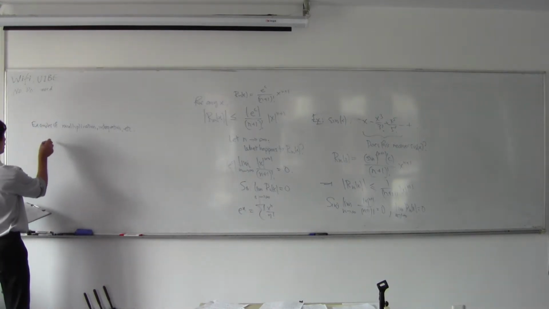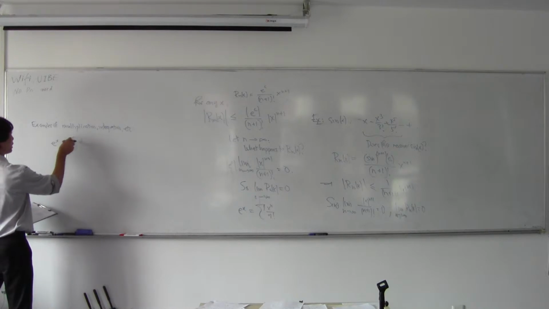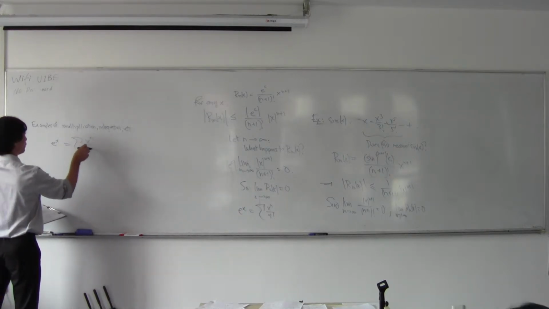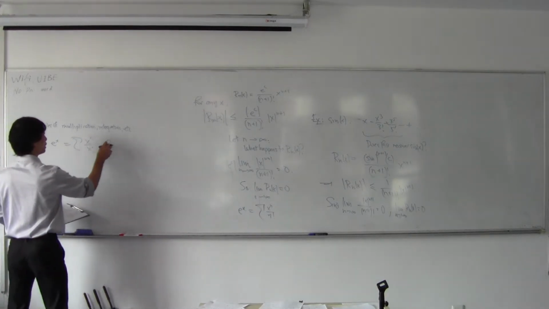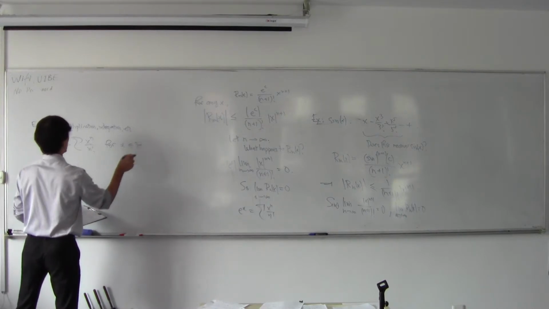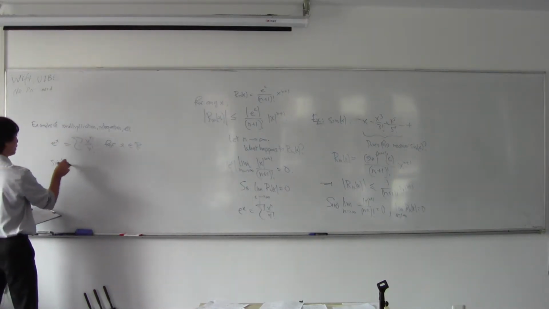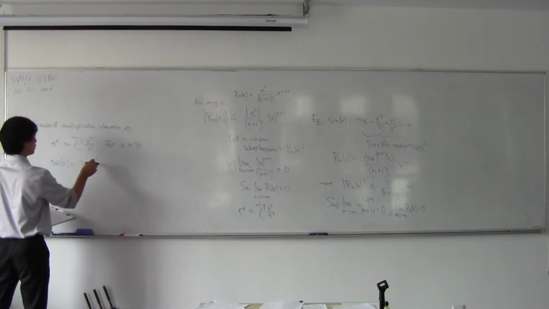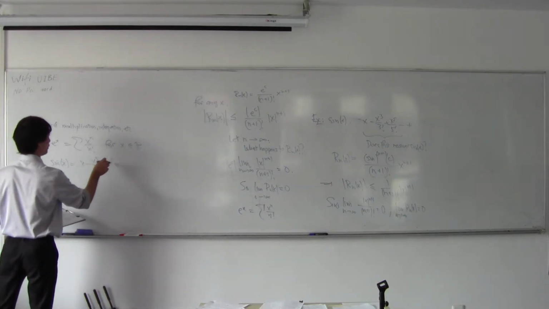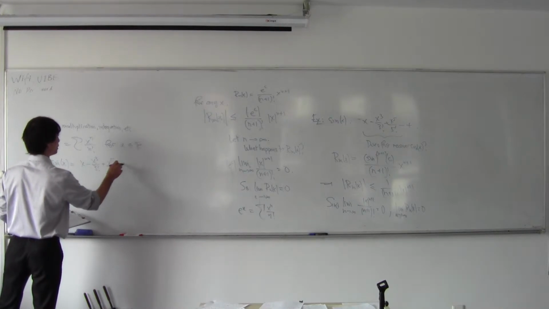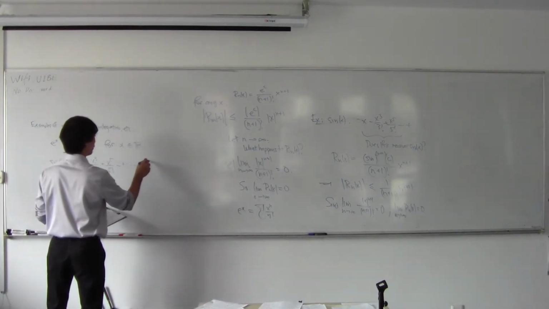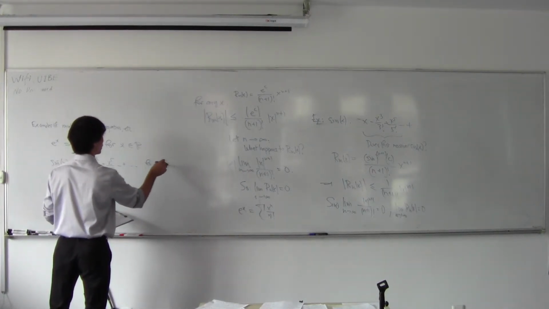So we know at this point e to the x actually equals the sum of x to the n over n factorial on the whole line. We also know that sine of x equals x minus x cubed over 3 factorial plus x to the 5th over 5 factorial minus plus and so on for the whole line.